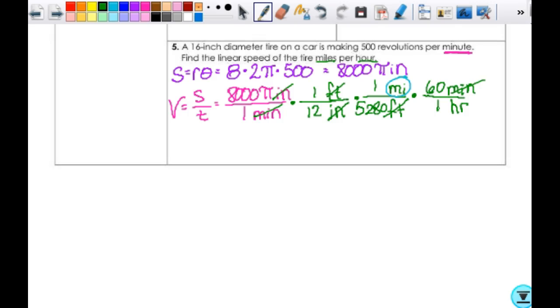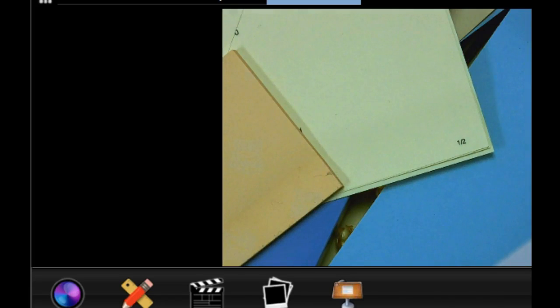Really, if it's over 1, you could leave that off, but I'm going to do it so it looks exactly the same, so I can double check myself. 1 over 12 times 1 over 5,280 times 60 over 1.